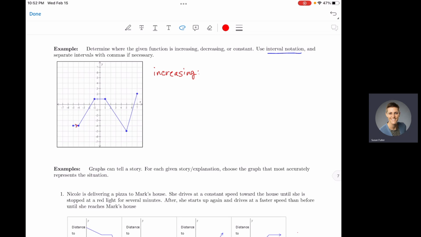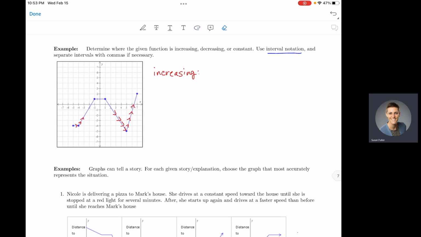As we trace this from left to right, the places where we are increasing, we're going up from left to right, is this section right here and this section right here. Those are the two places where my function is increasing.